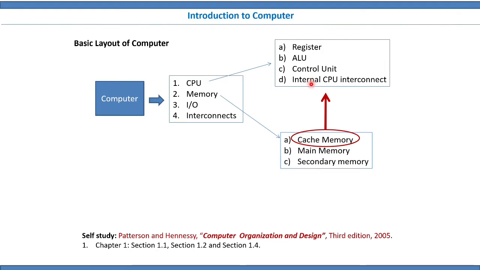But if you open a desktop, main memory or RAM is placed outside the chip, outside the processor. It is installed in the motherboard, not inside the CPU. That's why cache memory is called on-chip memory, and main memory is called off-chip memory. And secondary memory you can consider as a hard disk or SSD.